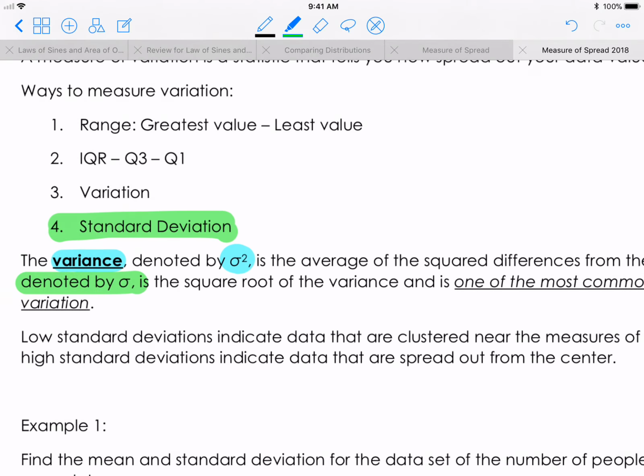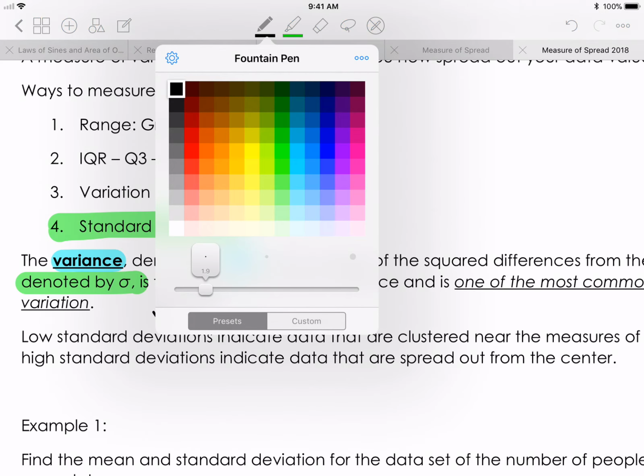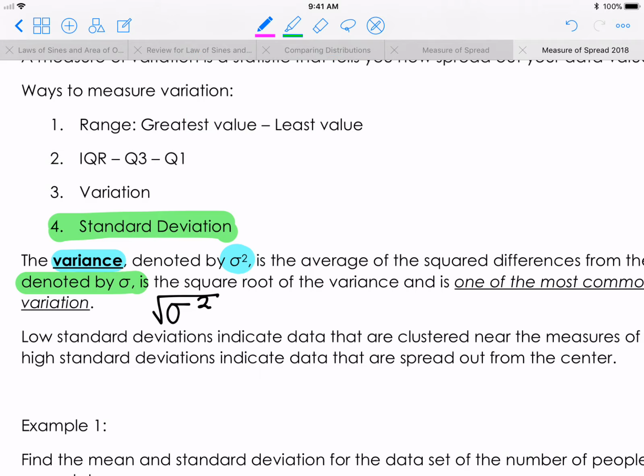So look here. If you know that your variance is sigma squared, the standard deviation is the square root of that. And when you take the square root of something that's squared, that cancels, and all you have left is your sigma. So that's what standard deviation is.